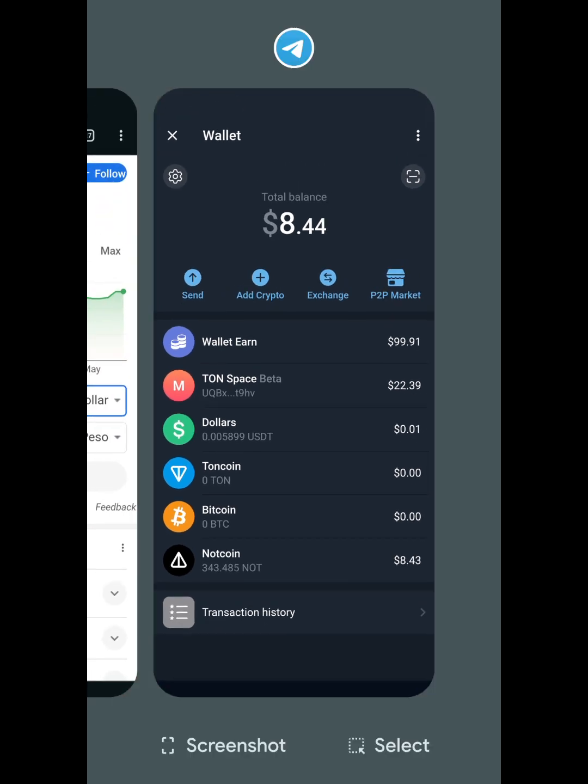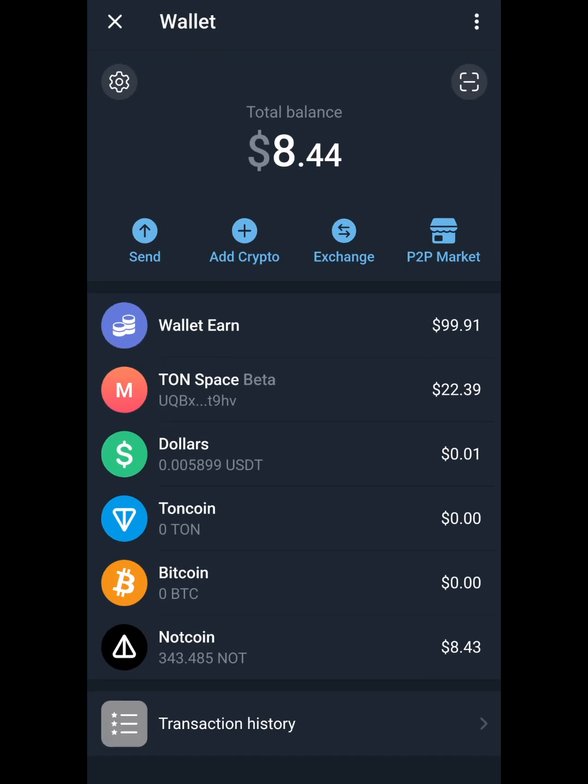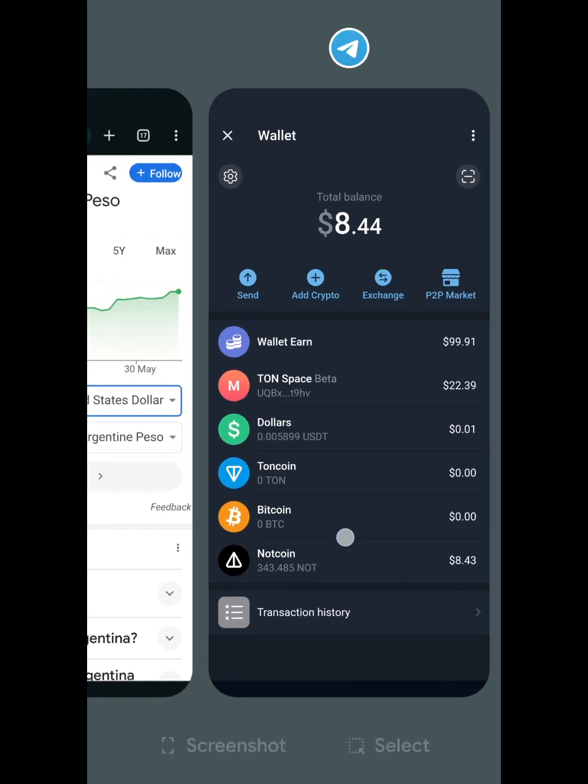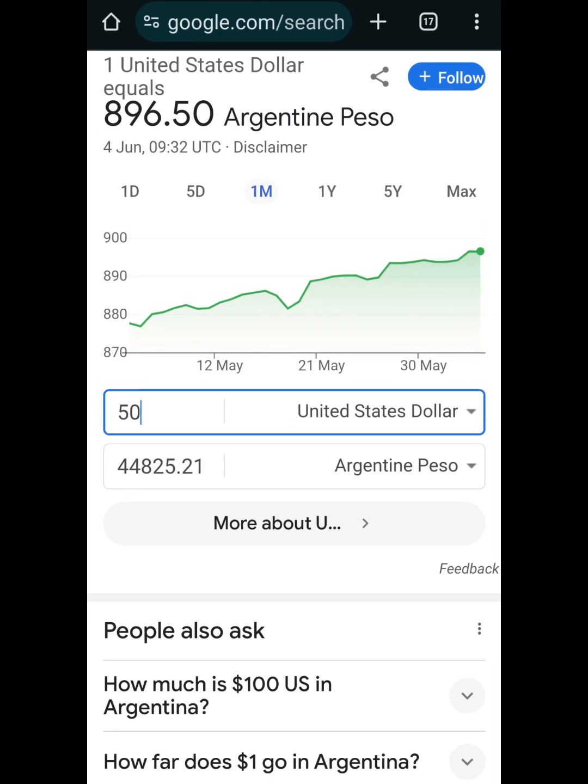Now, this happens a lot where creators do this thing where they show you stuff in a different currency. And if you really check it, it's that way because $50, for example, is 44,825 Argentinian peso. So it looks like a lot of money when it's in Argentinian peso.